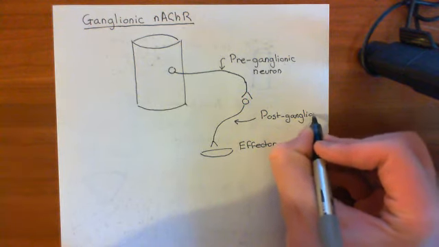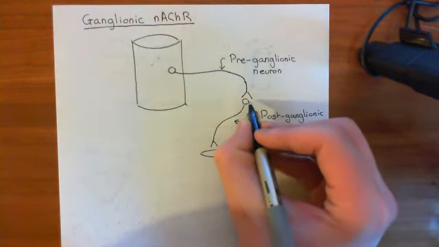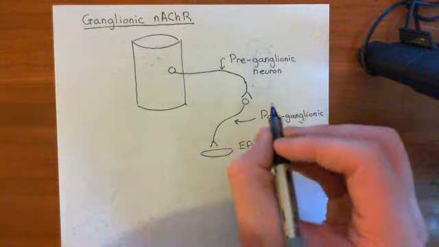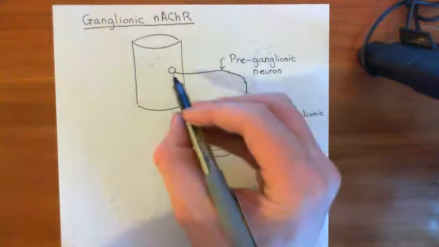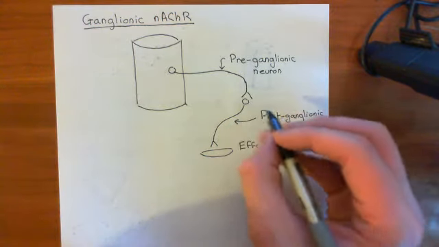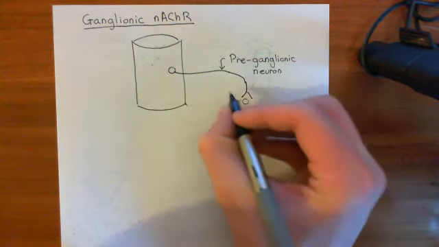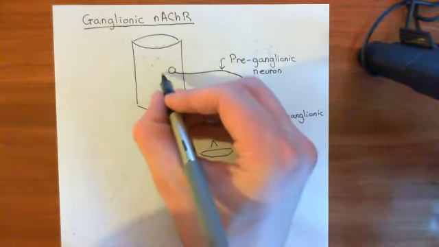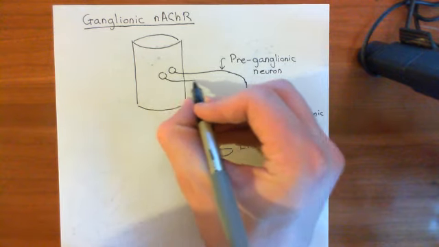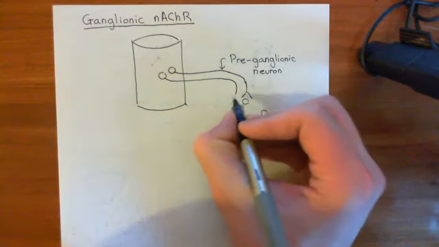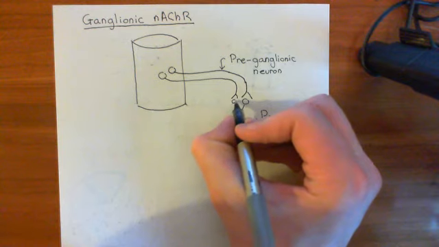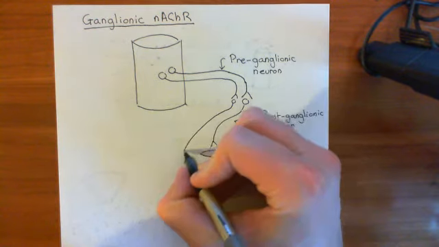And this synapse between the two, you don't just have these in isolation. Instead, you have loads of these all happening at once. So you'll have another pre-ganglionic neuron coming out here, and it will synapse onto its post-ganglionic neuron at the same place, basically.